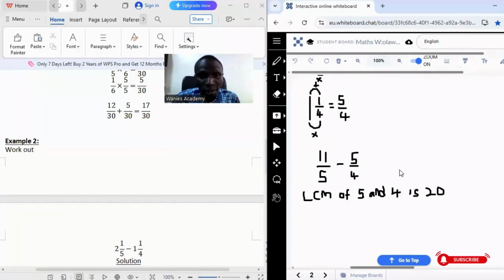So what we have to do next is to multiply the first fraction by 4, because 5 times 4 is going to give us 20, and also multiply the second fraction, both the numerator and the denominator, by 5, because 4 times 5 is going to give us 20. So for the first fraction, we have 11 over 5.